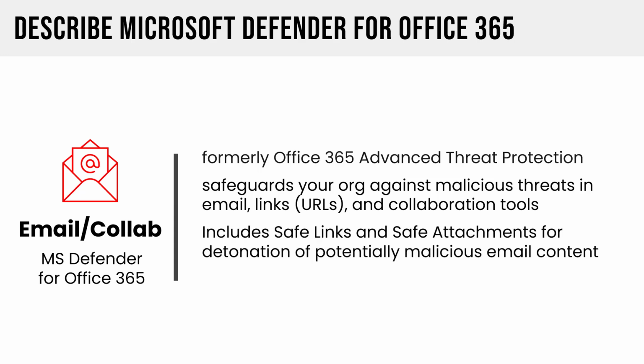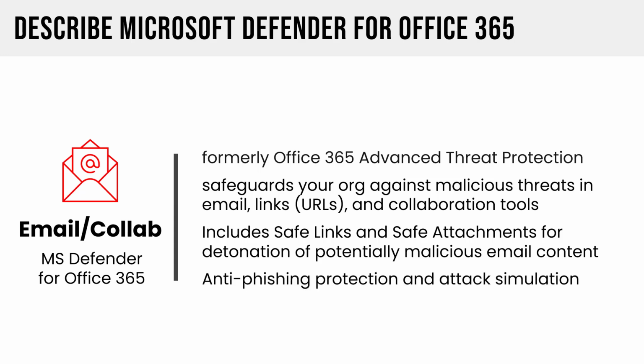So it includes a feature called Safe Links and one called Safe Attachments that will basically take the links in emails or Office documents, and it will rewrite those links so they can be redirected to a detonation chamber to ensure that they are not malicious, and attachments can be examined in that same detonation chamber. It's really a virtual environment, but the industry lingo tends to be detonation chamber. So the attachments can also be examined for potentially malicious content.